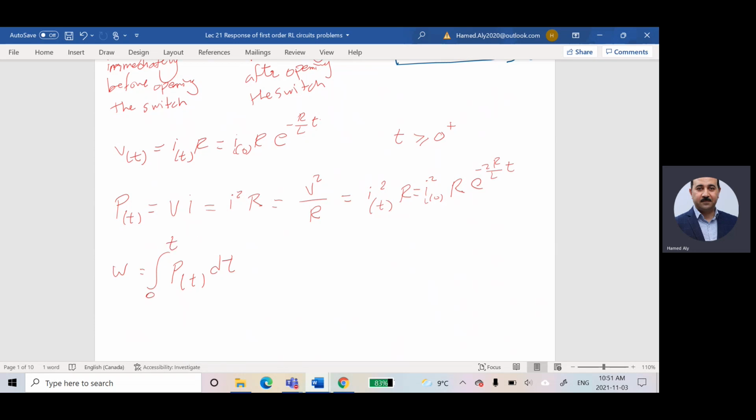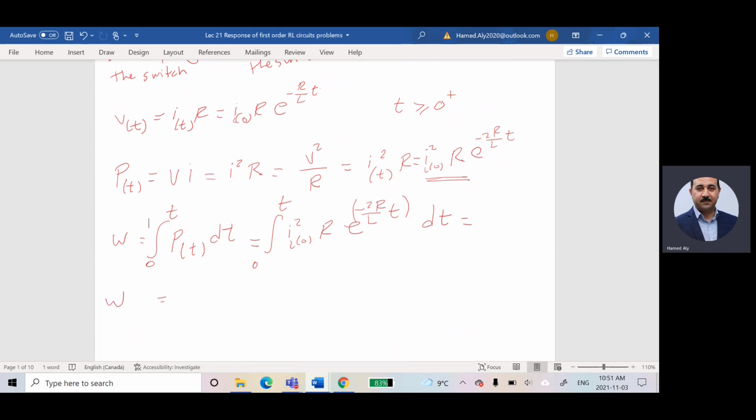If you try to find the integral of this, which is the integral from 0 to t of I_L of 0 squared times R times e to the power negative 2R over L t dt, and substitute the limits of integration, you will realize that the energy will be equal to half L I_0 squared multiplied by 1 minus e to the power negative 2R over L t. This is in case of t greater than or equal to 0.